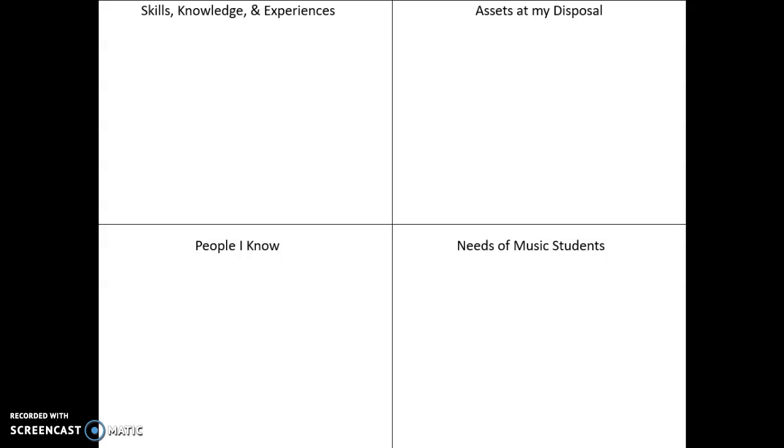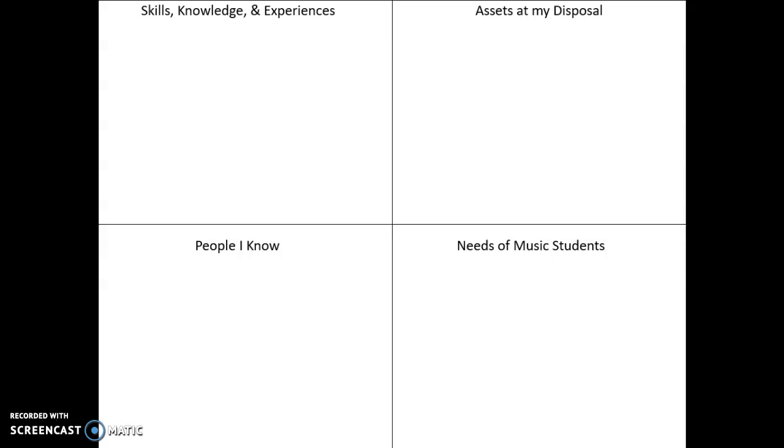Perhaps you think they should have more opportunities to study multicultural or popular music, or that all students should learn to improvise or write original songs. So again, the 4 categories are your skills, knowledge, and experiences, the assets at your disposal, the people you know who might help you, and the needs of music students today.